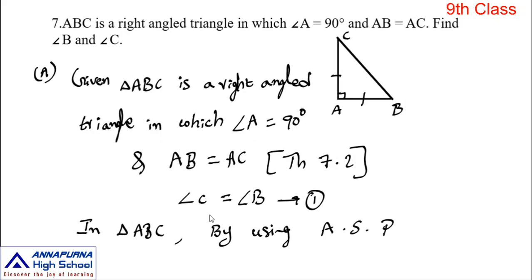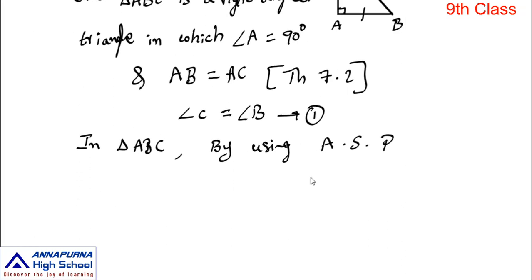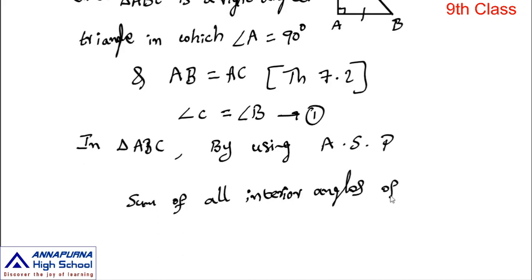The sum of all interior angles of a triangle is 180 degrees.